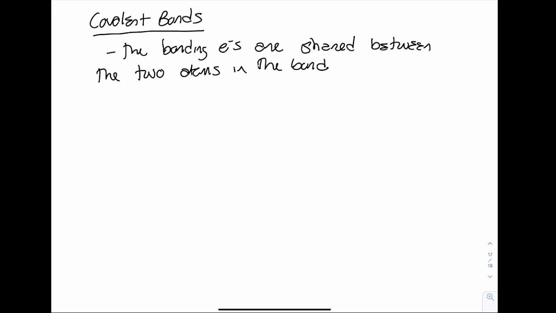However, they do not have to be shared equally. So one of those two atoms can actually have a greater share of the electron density. When that happens, we have what are called polar covalent bonds.